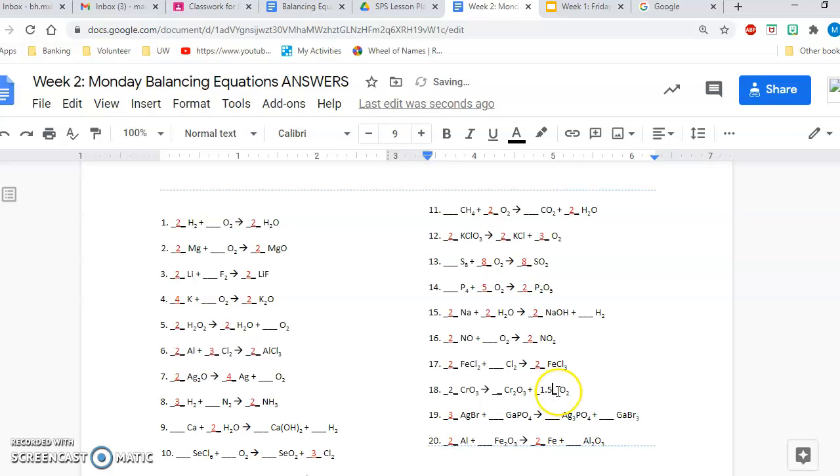So, for example, if we were to multiply this by 1.5 or 3 divided by 2, this would then give us 3 oxygen and 3 oxygen. So we would be balanced all the way throughout.